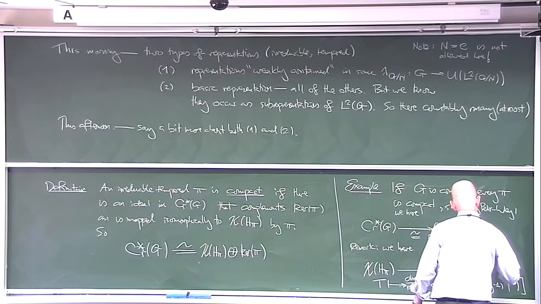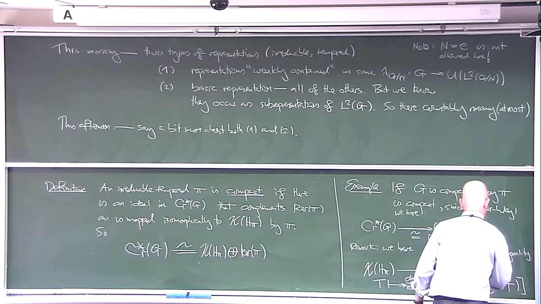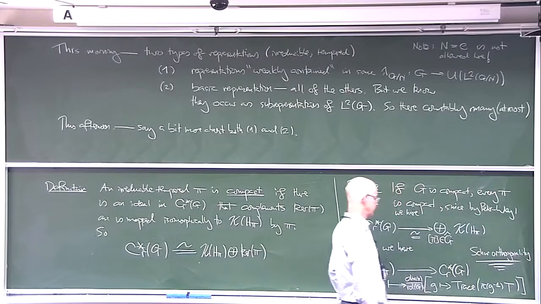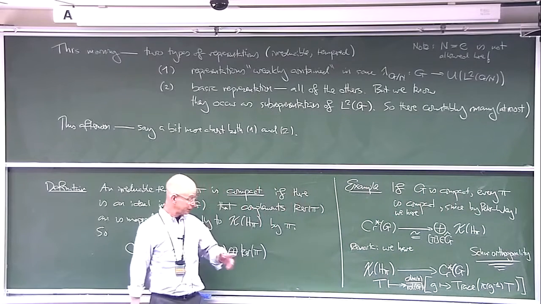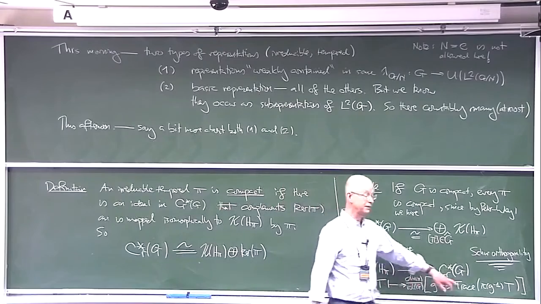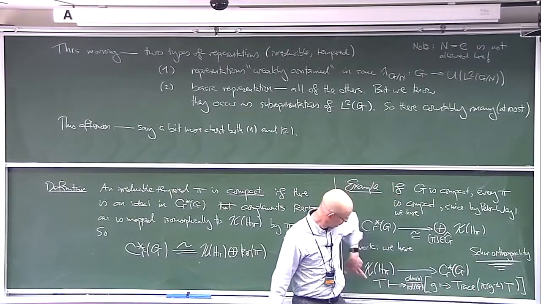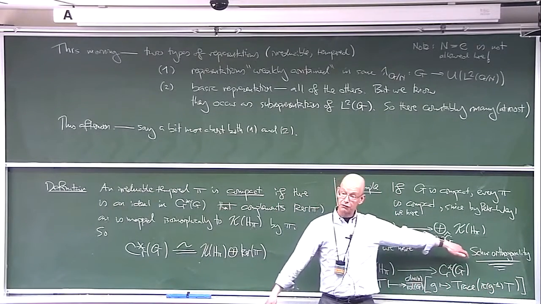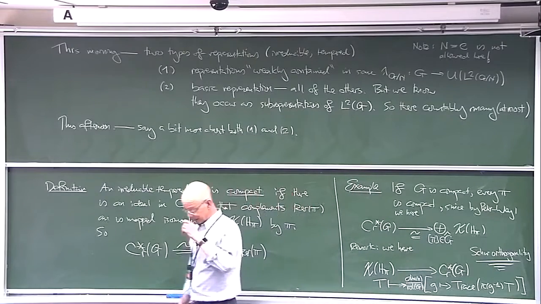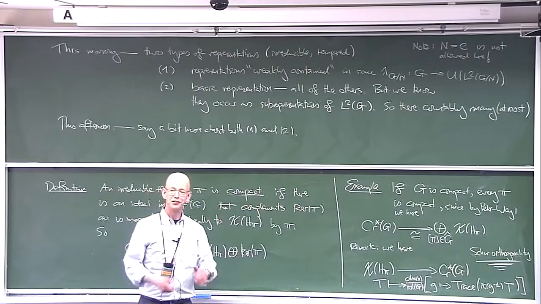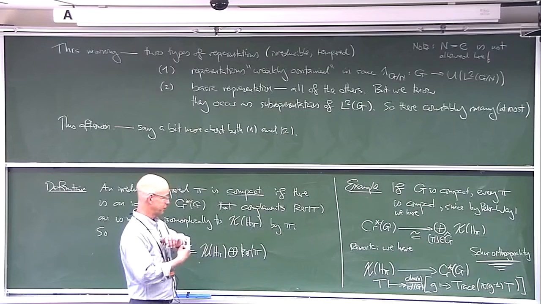And if you want to Google it, then you should look up Schur orthogonality, which says that this funny map is actually an algebra homomorphism from this algebra of matrices here into this convolution algebra of functions.